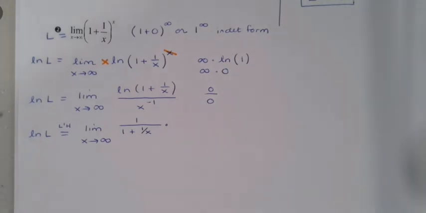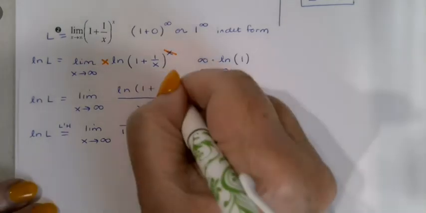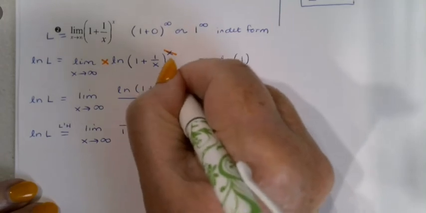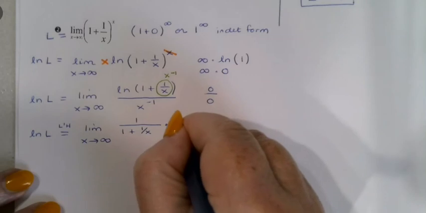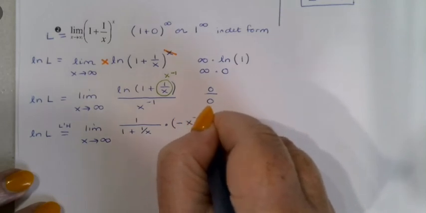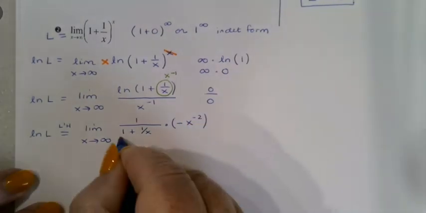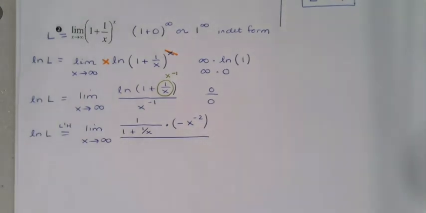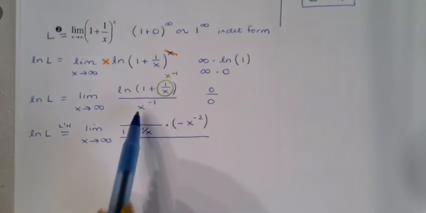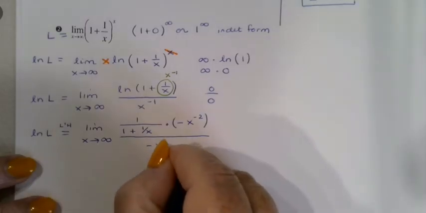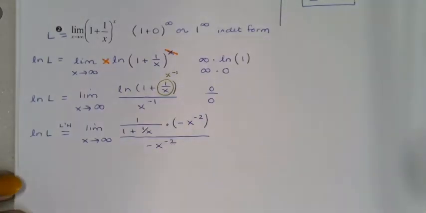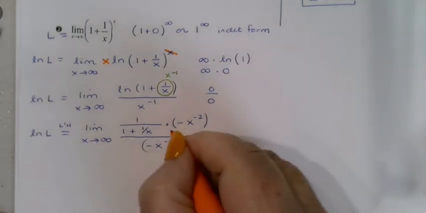And if you kind of mentally think about this 1 over x as being an x to the negative first, its derivative would be negative x to the negative second. The derivative of the denominator is negative x to the negative second. Well, that's kind of nice because I can reduce, divide those out.